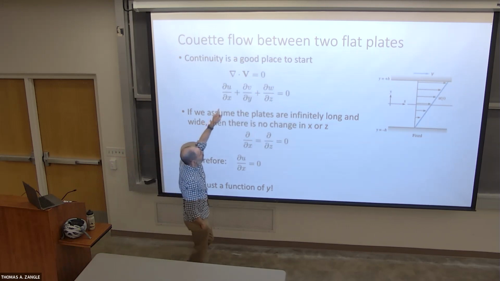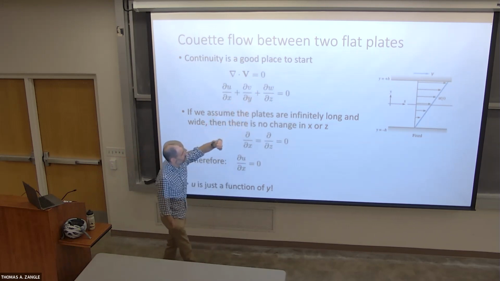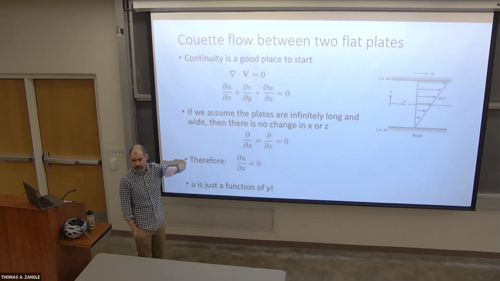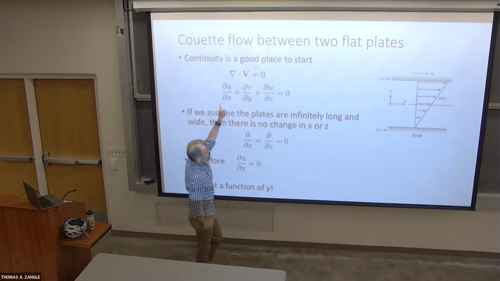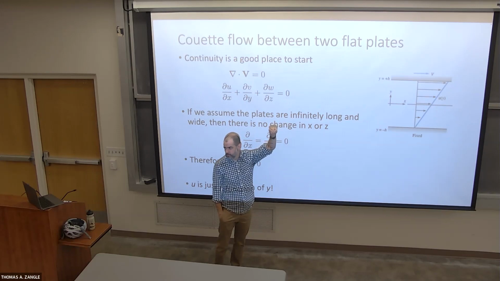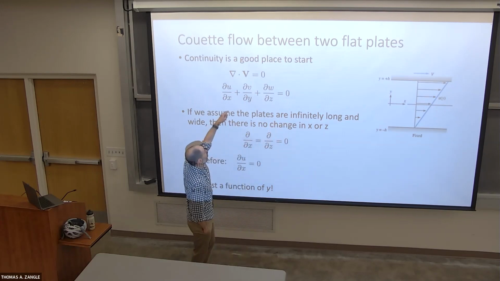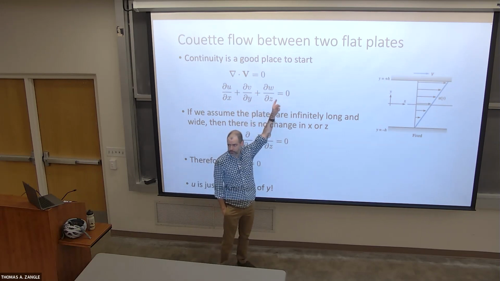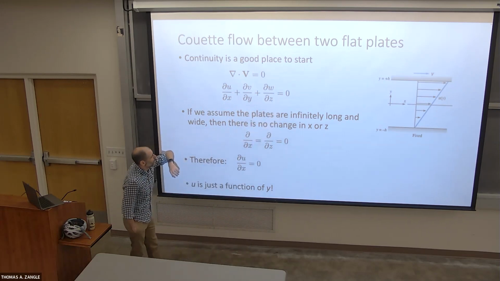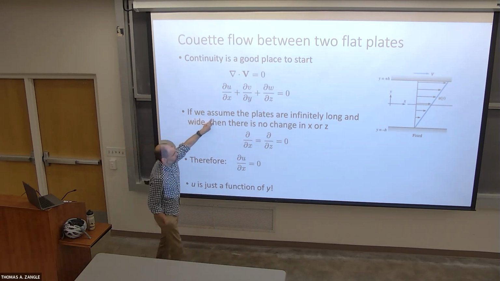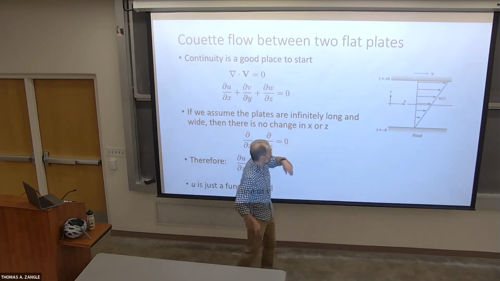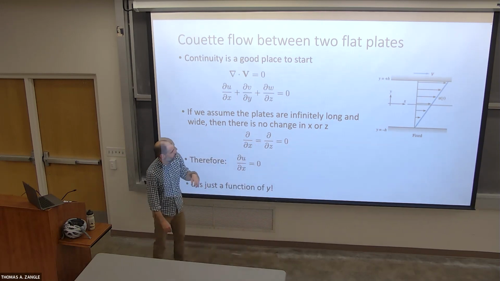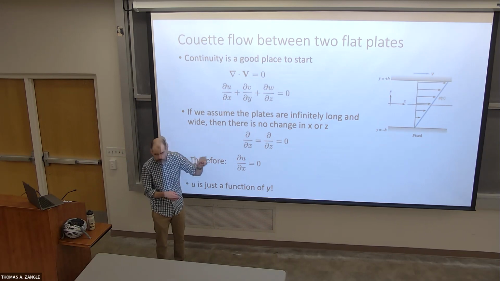So mass conservation, for an incompressible fluid, we write del dot v equals 0. This is what that looks like expanded: du/dx plus dv/dy plus dw/dz. In this case, we assume that the plates are infinitely long and wide, so there should be no change in the x component or the z component.